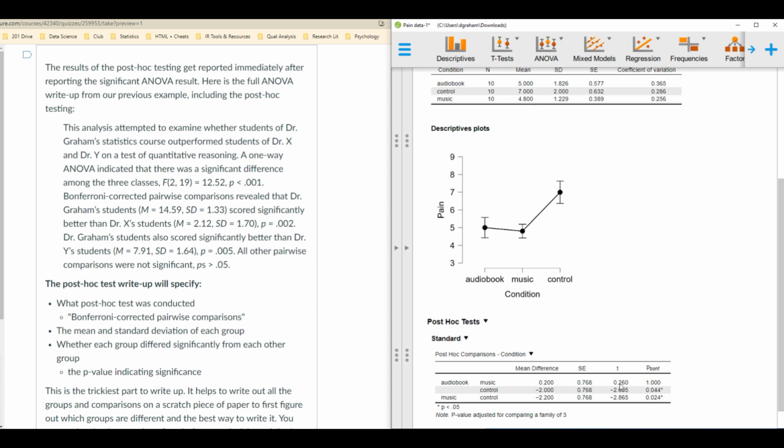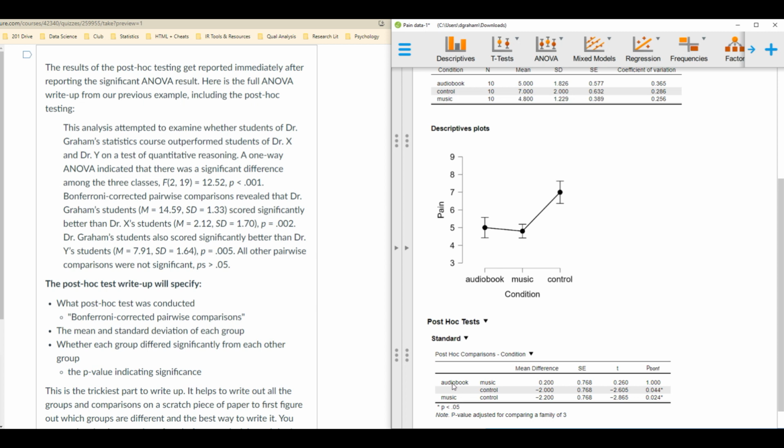We're going to come all the way across to that P-Bonf, P-Bonferroni, corrected using Bonferroni's correction. So according to this, there is no significant difference, right? This is not below 0.05. There's no little star. So there is no significant difference between audiobooks and music.